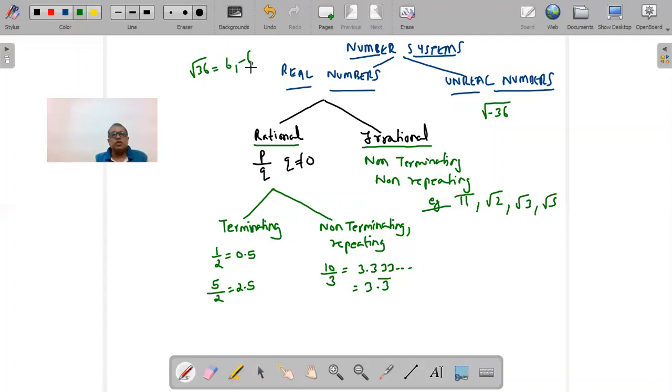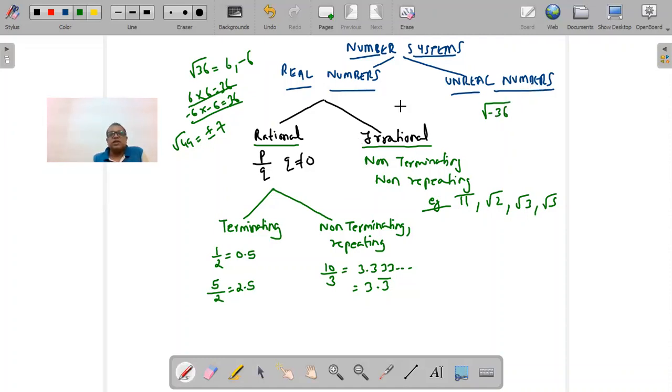Because 6 into 6 is 36, and minus 6 into minus 6 is also 36. So when we take the root of 49, we write plus minus 7. If you take the root of a negative number, there is no number which on multiplying by itself will give me negative 36. That is why we say they are unreal, complex or imaginary numbers.